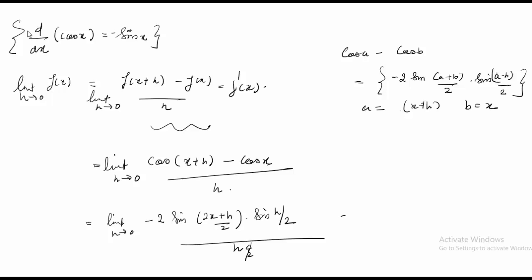So this can be simplified. When you apply the limit, you will get minus sin x, because this becomes 2x/2, which is x, and sin of h/2 over h/2 becomes 1, and this will be again equal to 0.